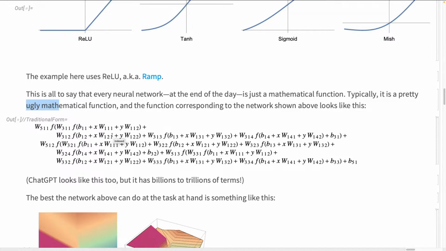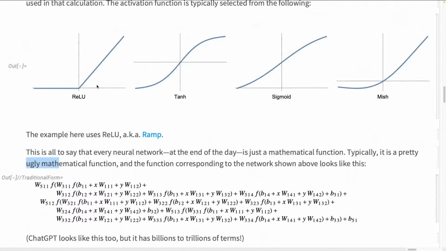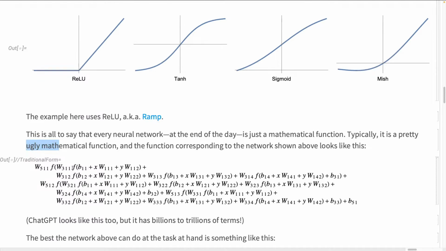But fundamentally, here we've just got some number, and we're going to multiply it by another number. It's just basic multiplication and addition at every step, except for the activation function, which in our case is ramp. So it's just setting negative numbers to 0. Anytime the input of f is negative, it gets set to 0.